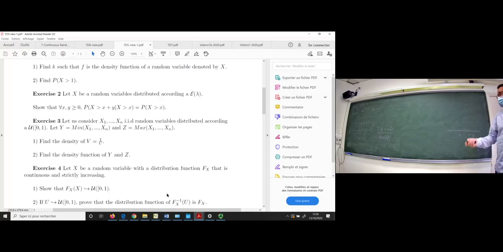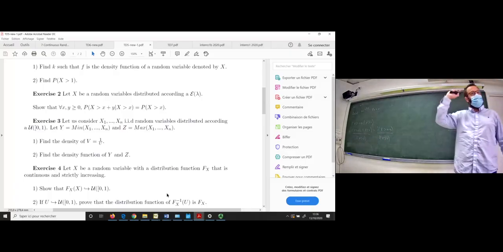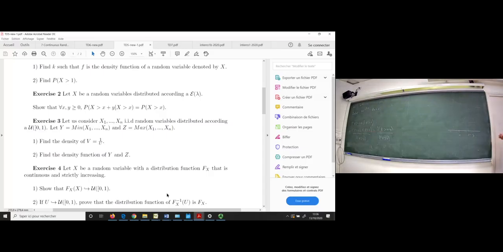I see that here the x will disappear and I will obtain a y, not an x. But imagine that you have a misprint; we are going to try to compute. In any case, I see that I need to compute the probability that X is greater than some number, and after I will see what I will obtain. That's exactly what we are going to do.